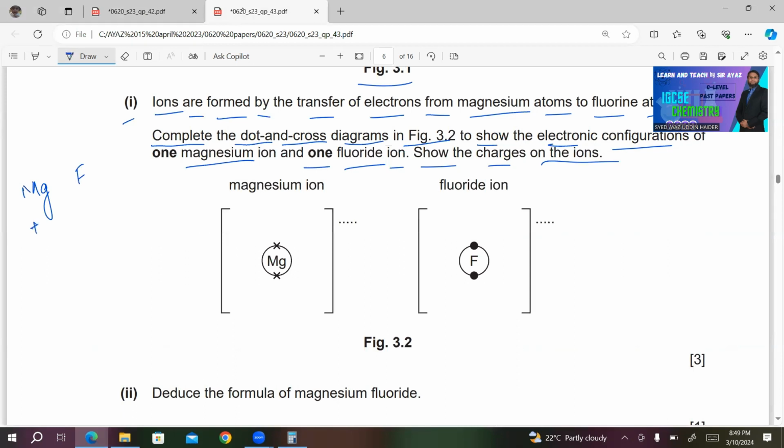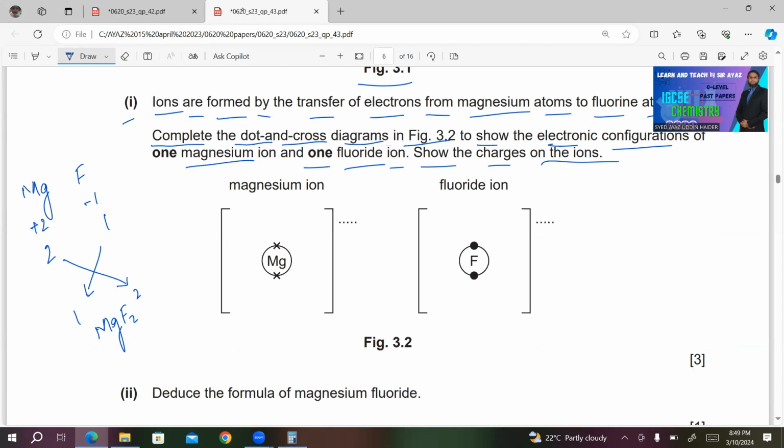So +2, -1. Ignoring the charges, these become subscripts, and these subscripts will be exchanged. The final formula will be MgF2, which means one magnesium atom is involved in forming the magnesium ion and 2 atoms of fluorine are involved in forming fluoride ions.